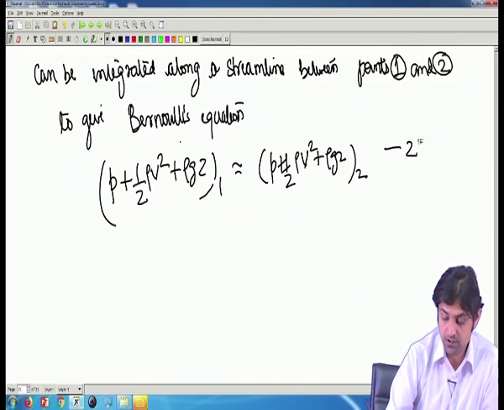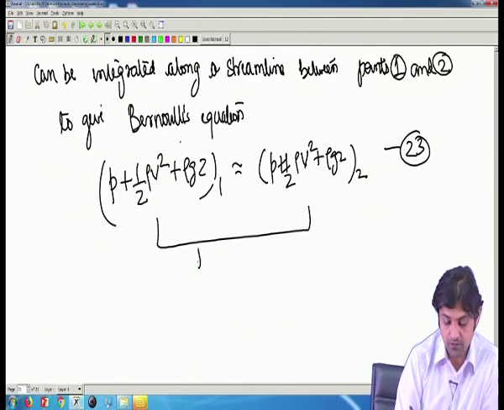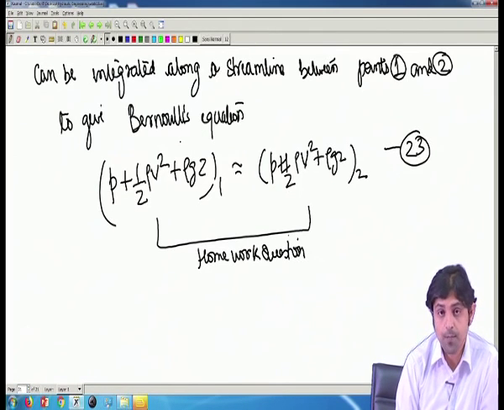Okay, this is equation number 23, and this is a homework question. Please try to do this at home. If unable, we can post the solution in the forum.